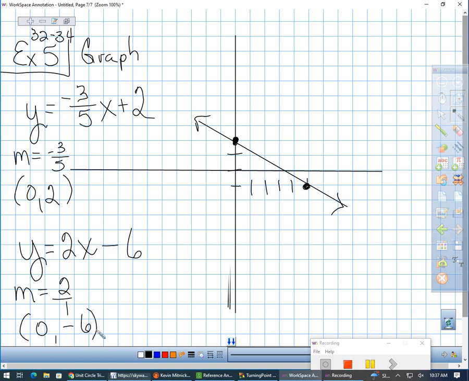So we start by plotting the y-intercept. So 1, 2, 3, 4, 5, 6. Right here I put my dot. Now from my dot, I'm going to do my slope. My slope is 2/1, which means I rise up 2 and I run 1 to the right. Connect my dots.